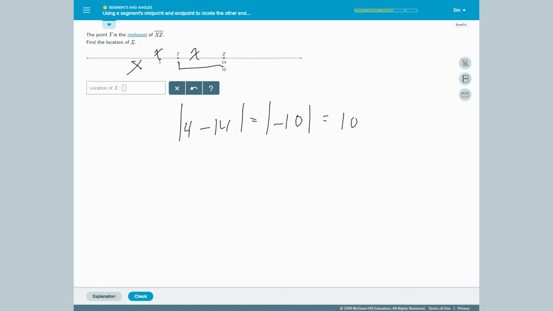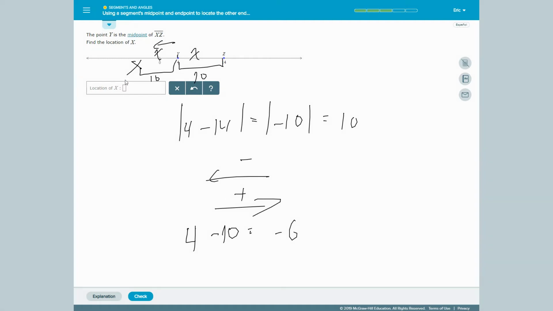So here to here is 10 spaces. If you know anything about number lines, when you go to the left, you subtract. When you go to the right, you add. Going from y to x, I'm going to the left, so I'm subtracting. So x would be, no absolute value here, 4 minus my distance of 10, which would give me negative 6.